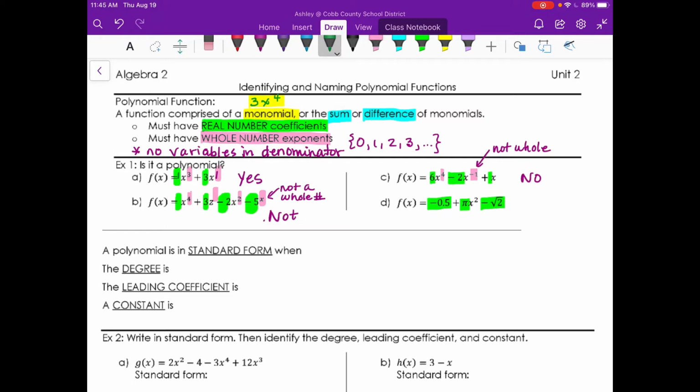This is like -0.5 x to the 0 power. So our exponent is an understood 0. That's still a whole number, so that's okay. We have an exponent of 2 here, and then we have another 0 power here. We have like x to the 0 as well. So 0, 2, and 0, those are all three whole numbers.